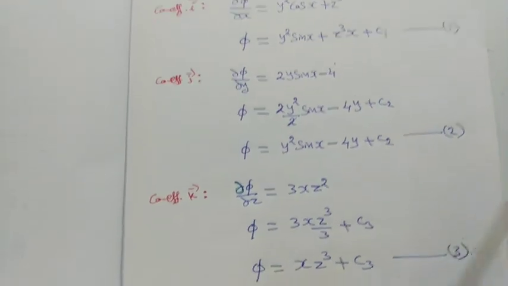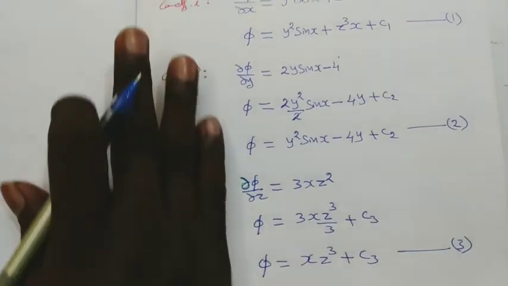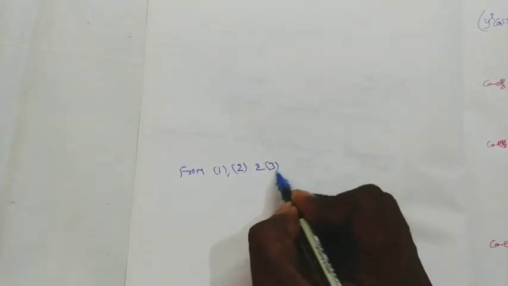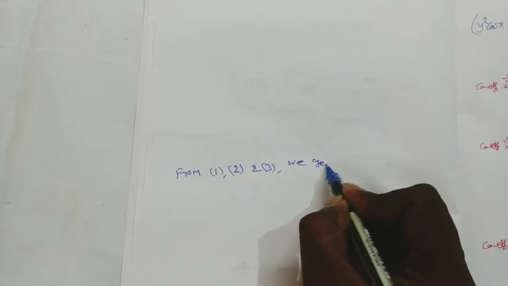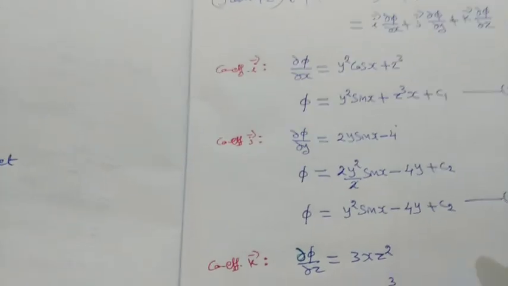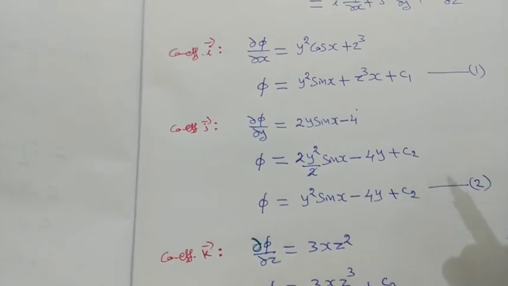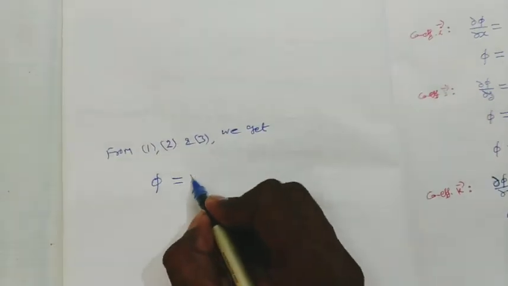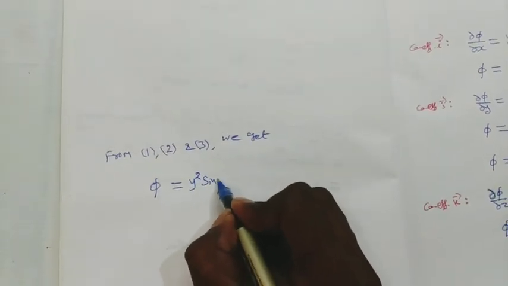By using these three equations, I am going to write phi. So from 1, 2 and 3 we get phi. Phi is equal to, so I want to collect the phi terms. So if it is repeated, you write once. So y² sin x.